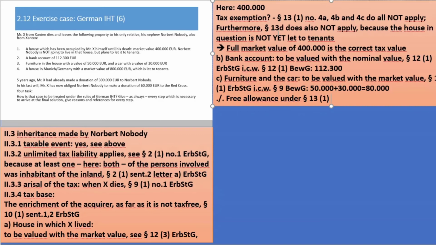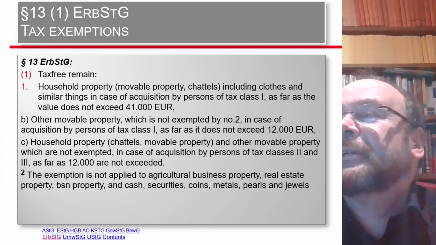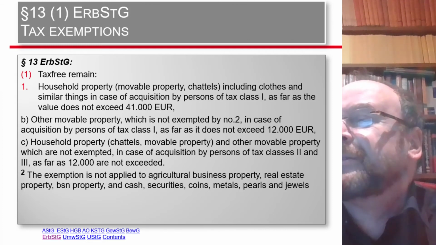under paragraph 13. You remember there was something with a free allowance, and we should have a look at that, because the most well-known free allowance for furniture and for other movable objects is only for members of tax clause 1, but we have here tax clause 2. There was another exemption which we can look for, and we will do that immediately. So tax-free remains household property and other movable property, but in both cases only tax clause 1.